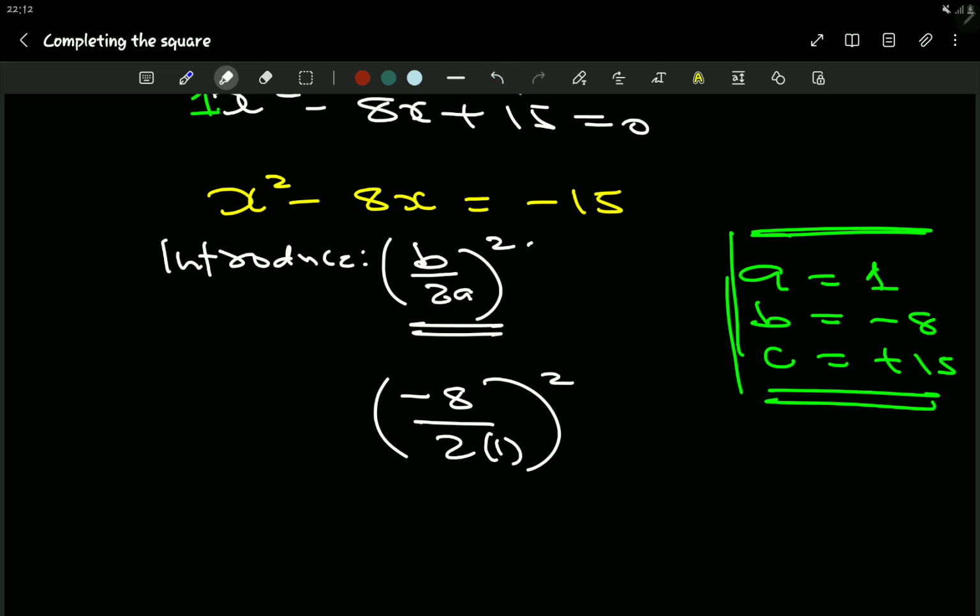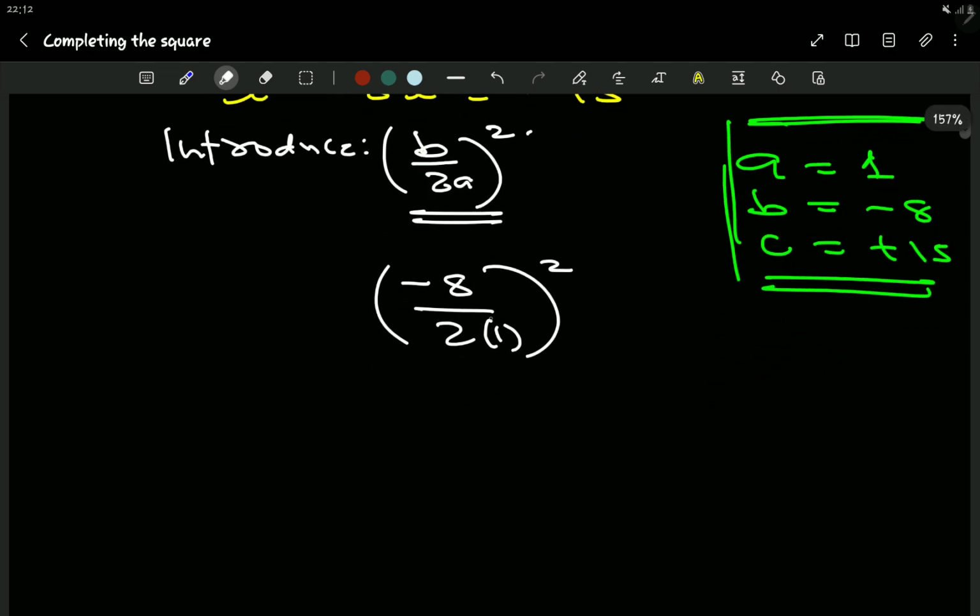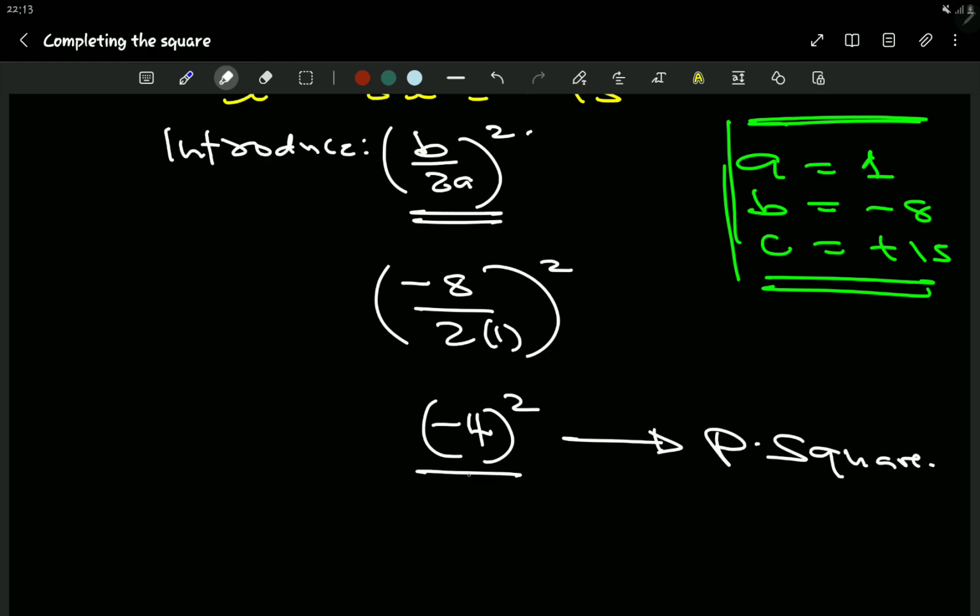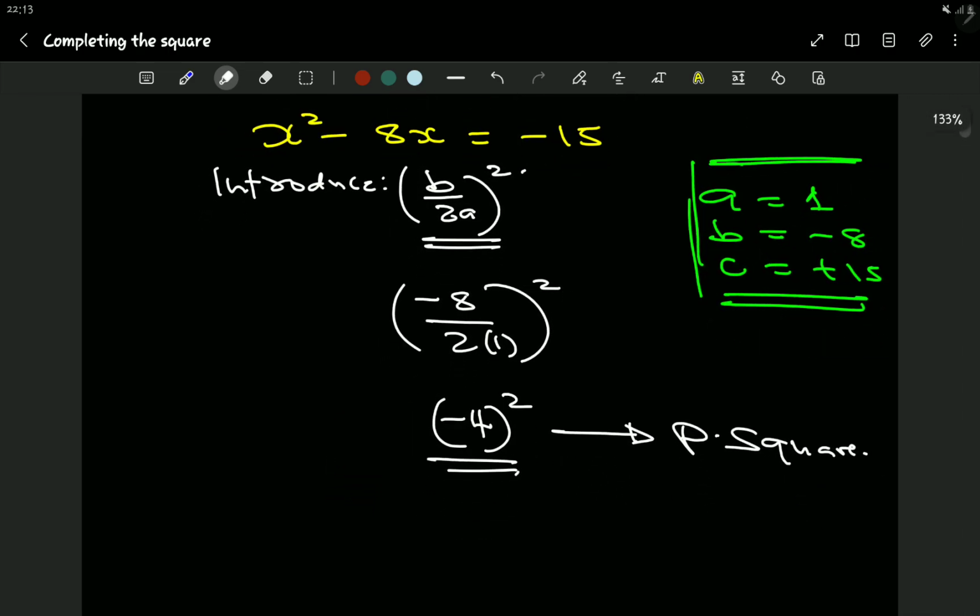Sorry, that square is running away. So inside the bracket, I can say this is negative 4 squared. Now this becomes your perfect square, and this is what you're going to add on both sides. You just need to come back and take your equation, x squared minus 8x, then add that negative 4 squared.